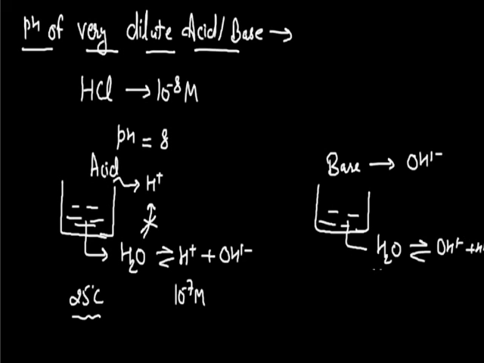But since water is a very weak electrolyte, as we have seen, the concentration of hydroxide ion provided by the molecules of water at 25 degrees centigrade is only 10 to the power minus 7 M. Since the value is negligible, for the calculation of pOH we always use the concentration of hydroxide ion that is provided by the base, and the concentration provided by the molecules of water is ignored.